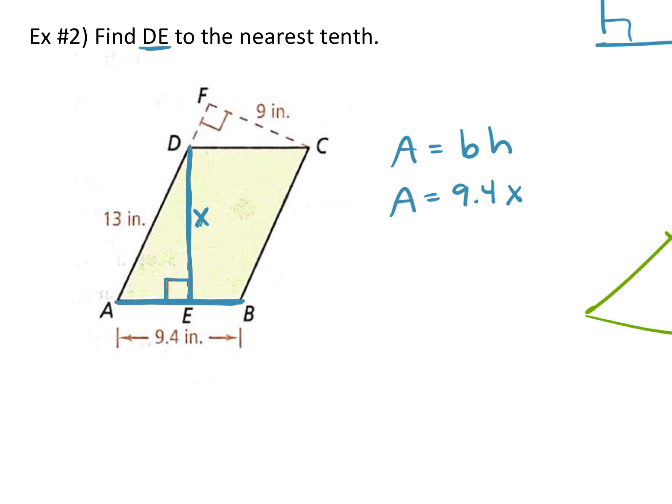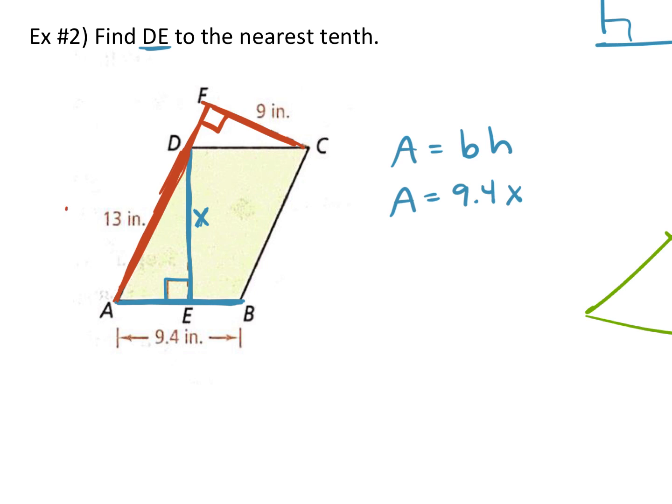Look at the 13. What if 13 was my base? What would have to be the height? Not 9.4. What's perpendicular? It's the 9. Do you see it? This 9 is perpendicular to the 13, right? That's what you have to be able to see: what's perpendicular.